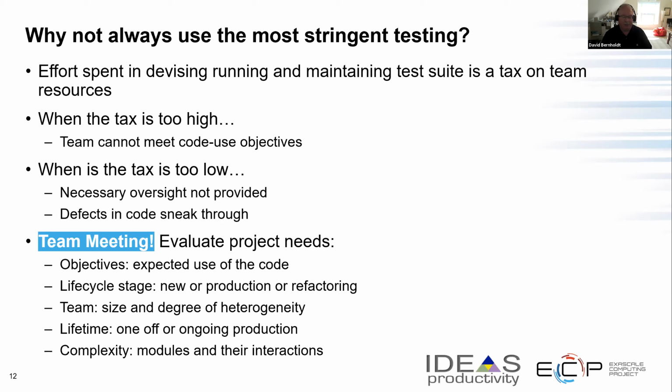What's the composition of your team and heterogeneity? How much effort can people afford to put into it? And do you have the expertise that you need for all the different areas? Where are you in the production cycle, or is this a one-off code? And then analyze how complex this code really is to help guide some of your thinking about these things.